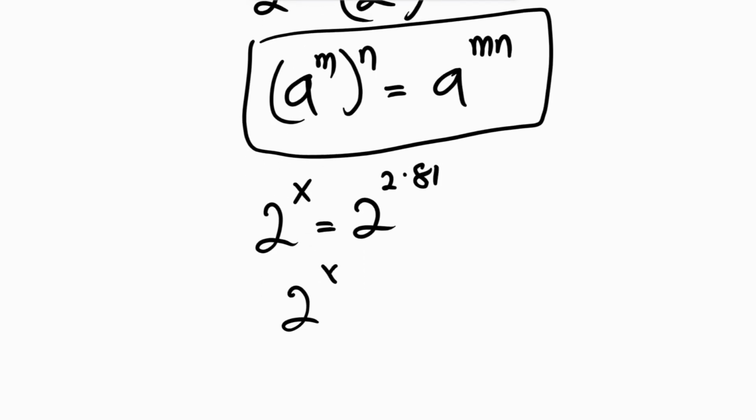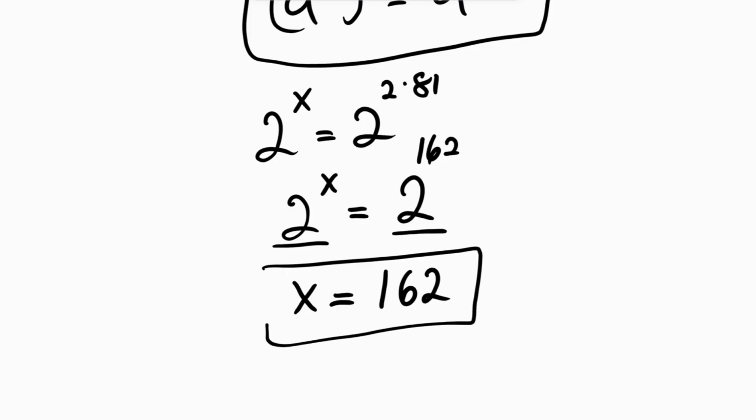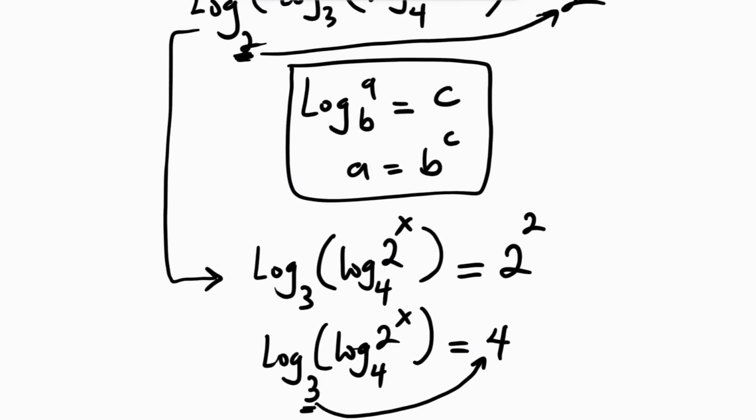We have 2 raised to power x equals 2 raised to power 2 times 81, which is 162. We have the same base, and therefore we can equate the exponents. So the x now becomes 162. This is our final answer for the value of x.